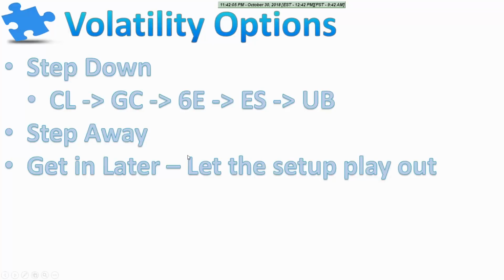First of all is you step down, right? So stepping down is basically the activity of moving to a market that is less volatile, right? So believe it or not, when you trade a market, you're not so much trading that particular market.